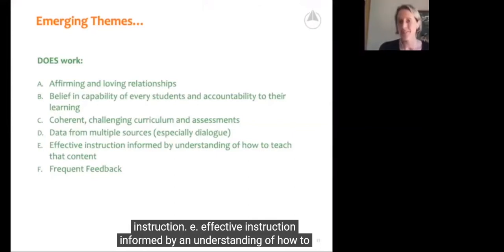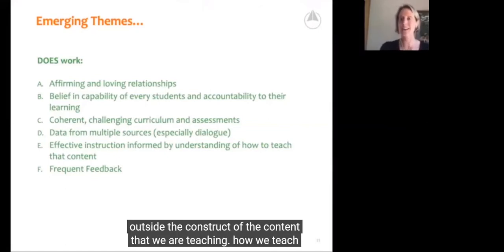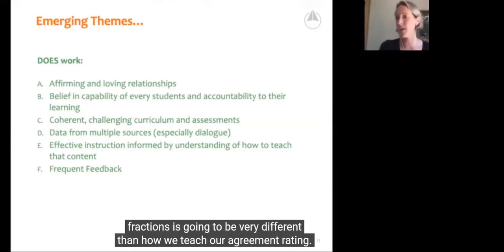Fifth, effective instruction informed by an understanding of how to teach that content. Richard Elmore has often said, we cannot talk about teaching outside the construct of the content that we are teaching. How we teach fractions is going to be very different than how we teach argument writing.